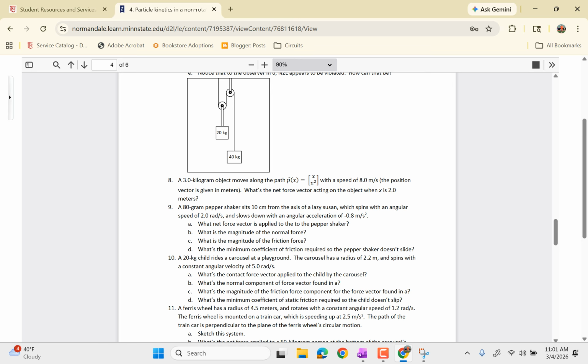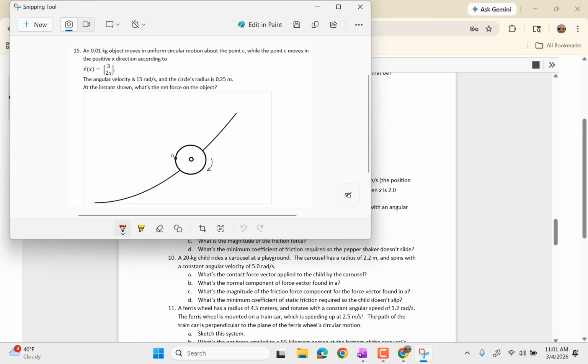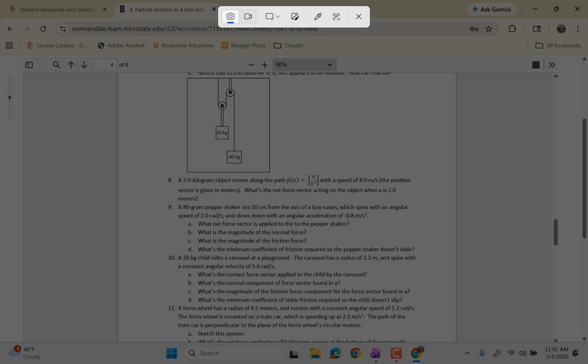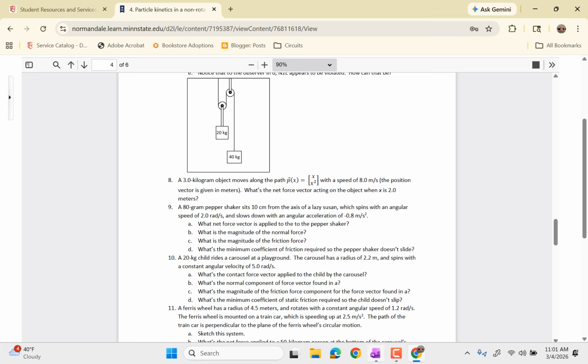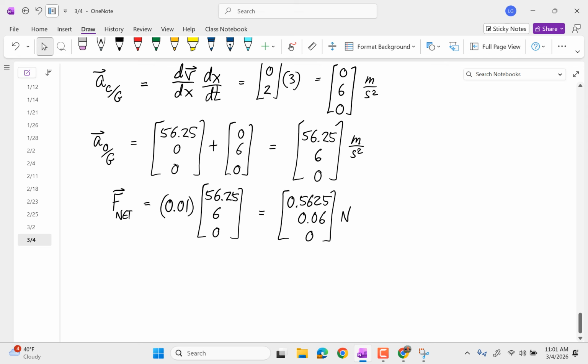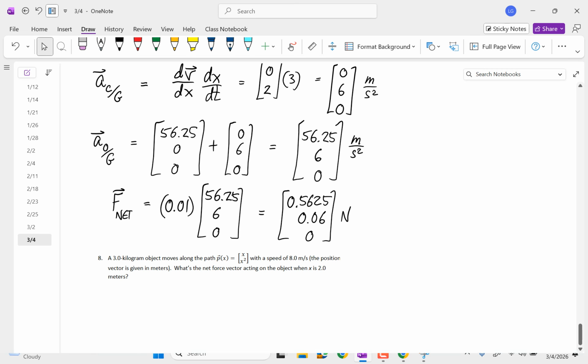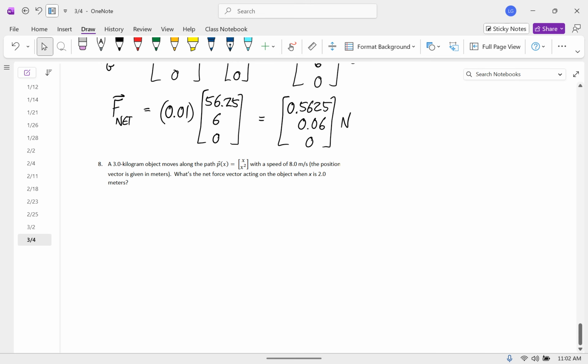Eight. Okay, so you have this thing moving along a path. What does that path look like? Parabola. It's a parabola, yeah.